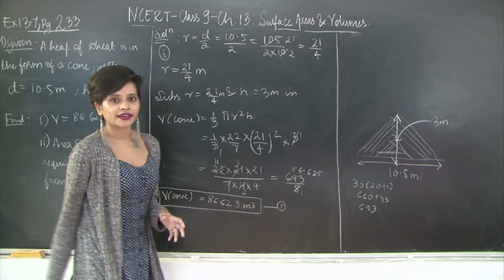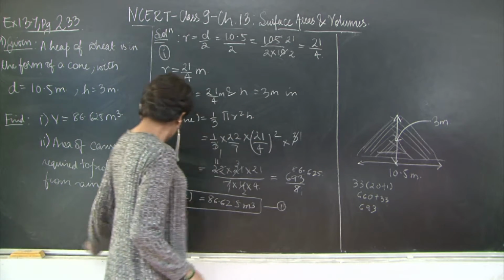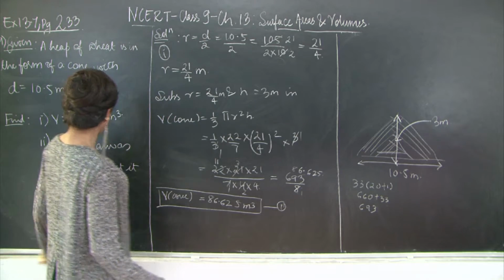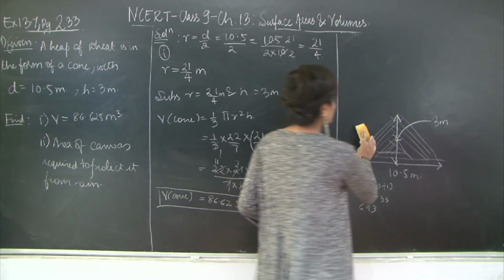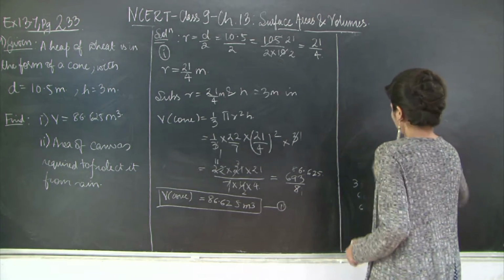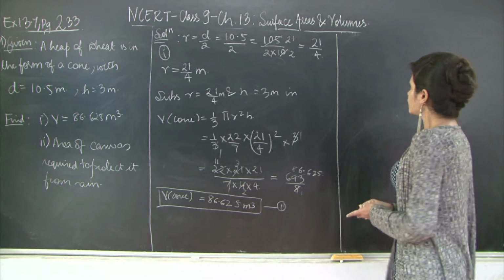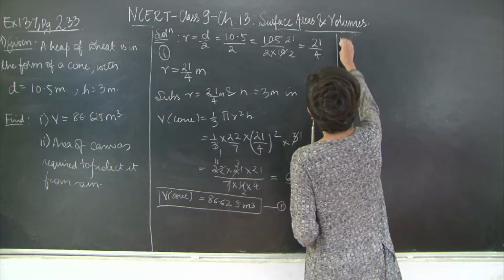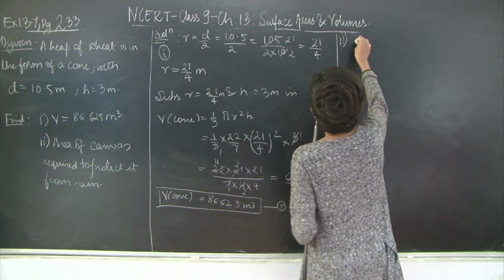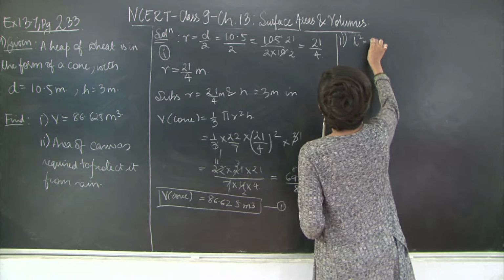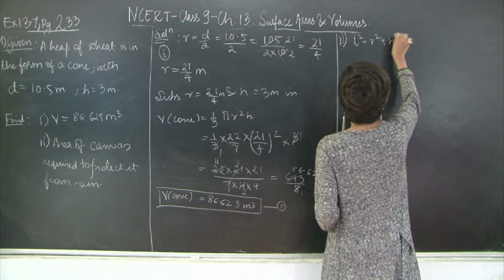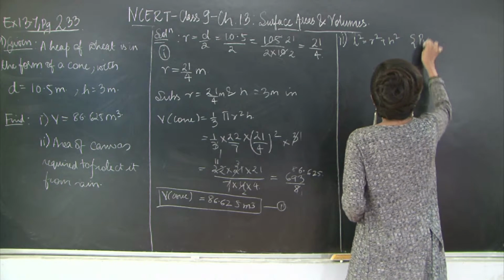Let's go ahead and find the sloping height, for the area of canvas required to cover the heap. In order to find that, we need to first find the sloping length or the sloping height, which can be found through Pythagoras theorem. So L square is equal to r square plus h square.